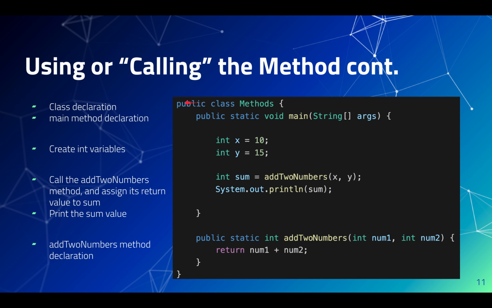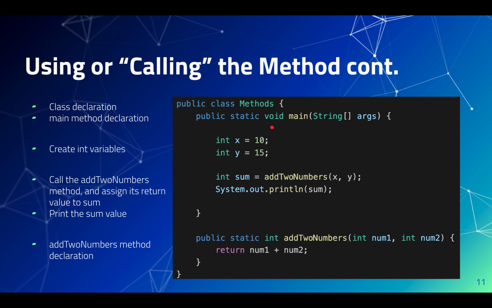So this is what the full code would look like. This is the class declaration. Don't worry about this. Then we have our main method declaration, and you'll start recognizing this now: public static void main. This is just a method. You need this in your Java program for it to execute, and it has to be by the name main, and it has to have this parameter list.